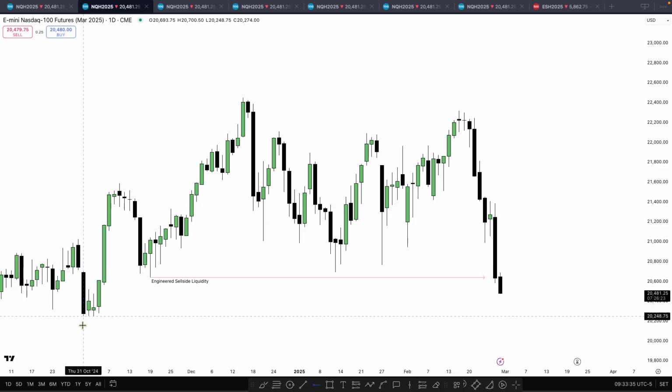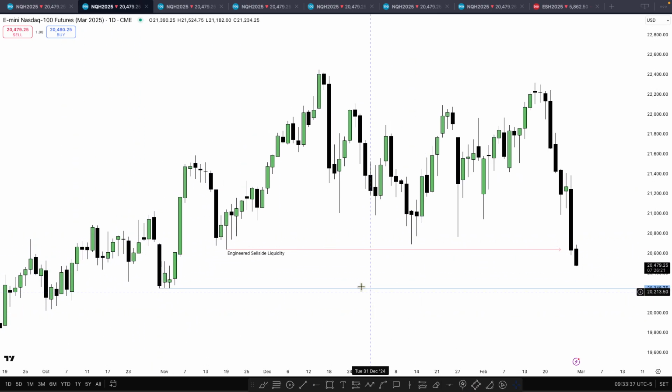So now the question is, we're going to come down to 24875, the relative equal lows from end of October, beginning of November.